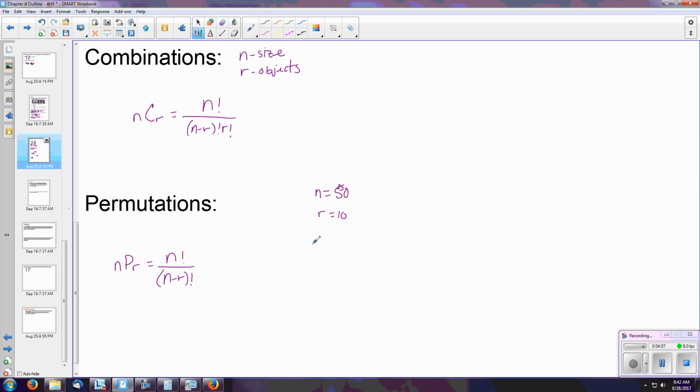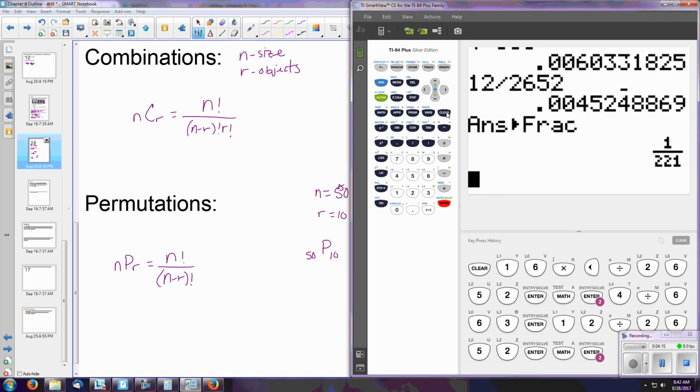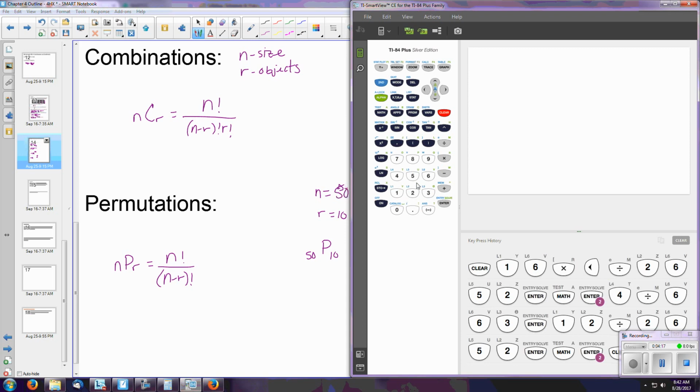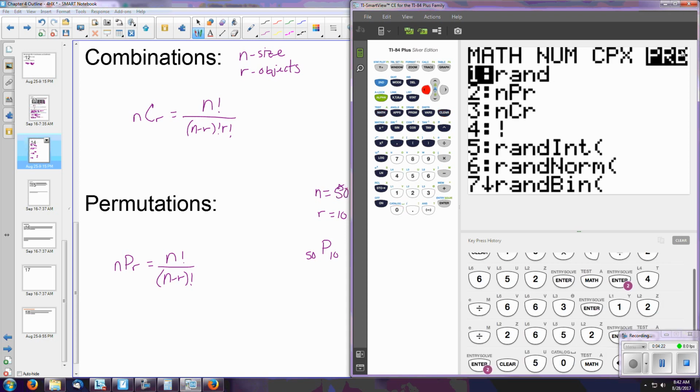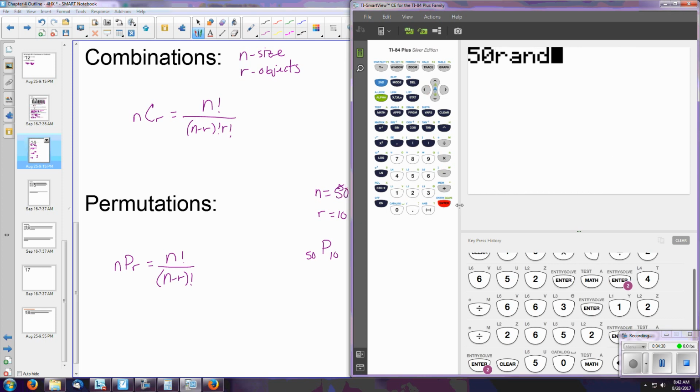So if you have to play them in that order, that would be 50 permute 10 ways. If you want to use the calculator for this, you can. Start by typing in your 50. Then under the Math Probability menu, you're going to select the second option here. You'll notice below that there is a combination, and below that is our factorial key.